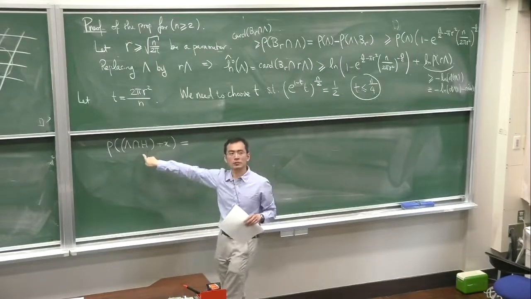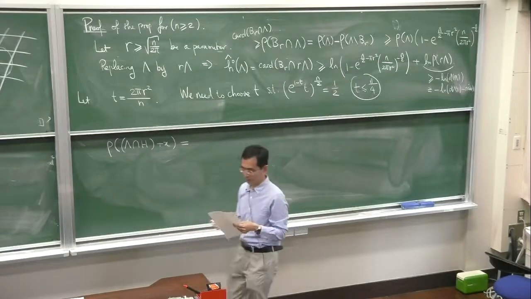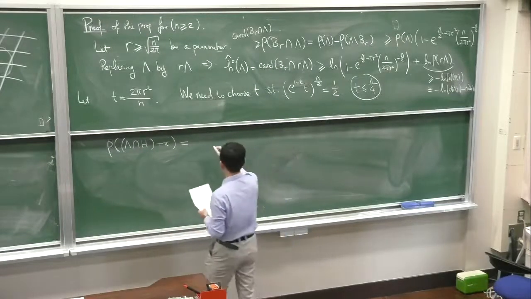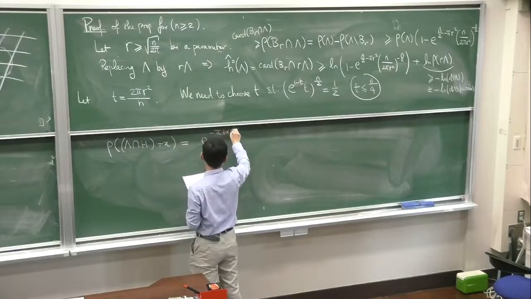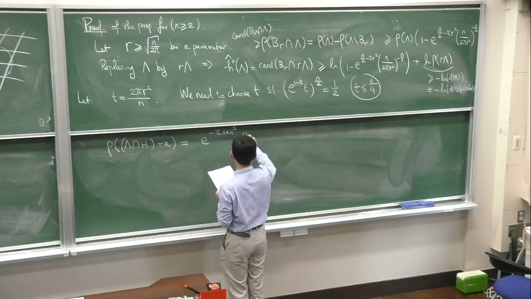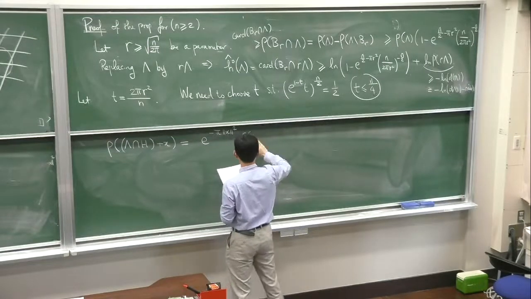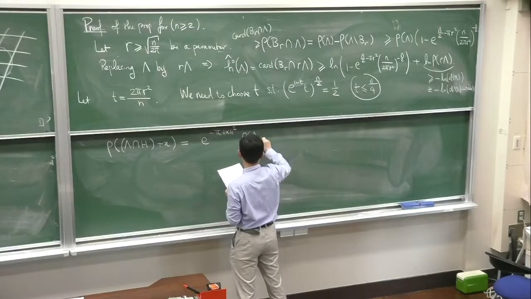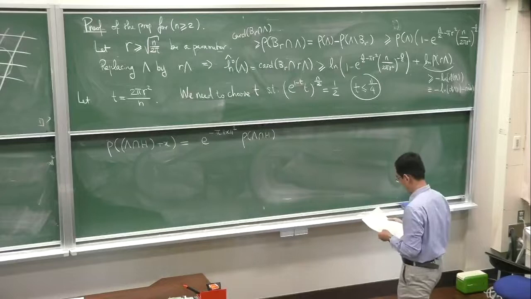But x is orthogonal to H, so that is very exciting because you can separate sum and product. So you find e to the minus pi x squared, and then you find just rho of lambda intersection H, because this one is orthogonal.